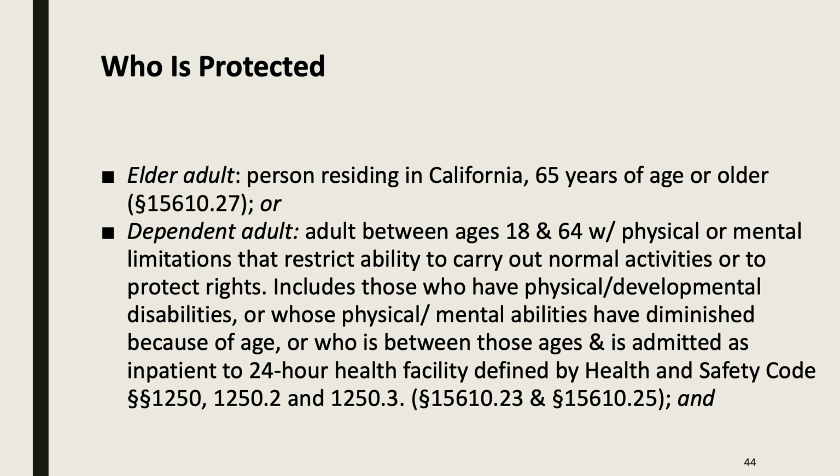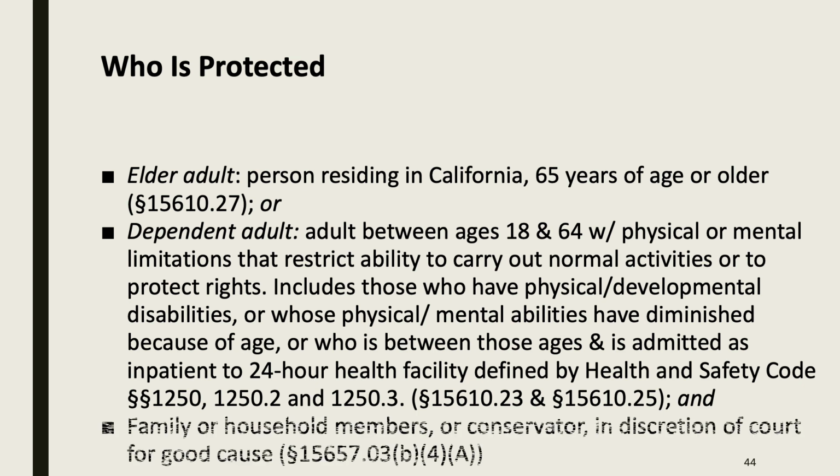Or a dependent adult, which is an adult between ages of 18 and 64 with physical or mental limitations that restrict their ability to carry out normal activities, or to protect their rights. This includes those who have physical or developmental disabilities or whose physical or mental abilities have diminished because of age, or who is between those ages and is admitted as an inpatient to a 24-hour health facility as defined by Health and Safety Code statutes that are given there.